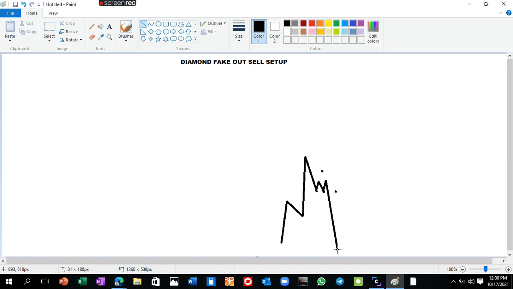When this one drops, it breaks this level here. Price breaks this level, which we call the break of structure.